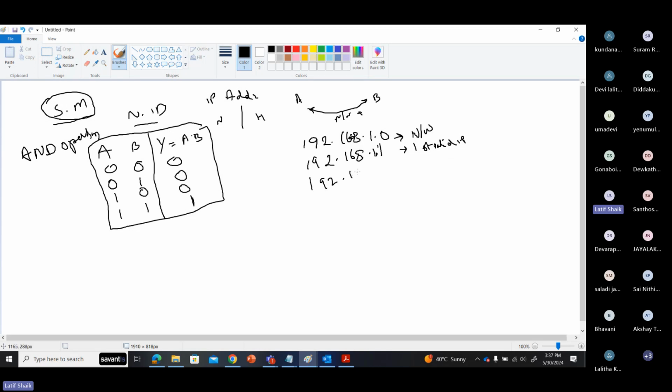First is 1.1, second is 1.2, another is 1.3. It keeps on going, up to 192.168.1.250. This is the last valid IP address.